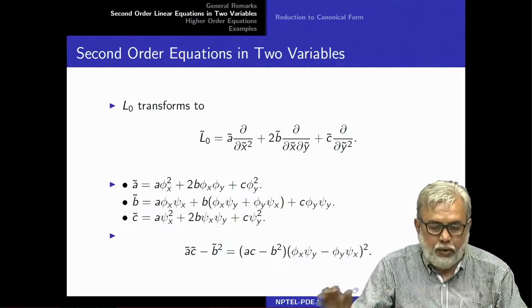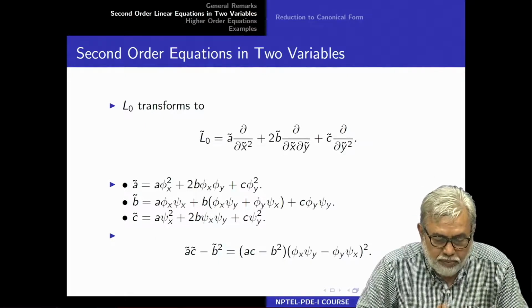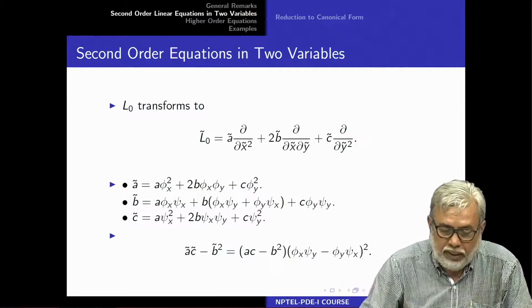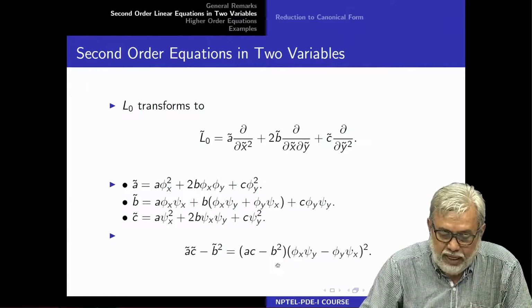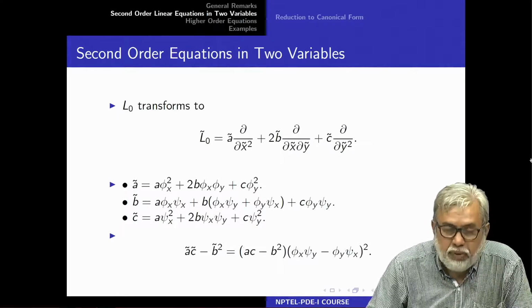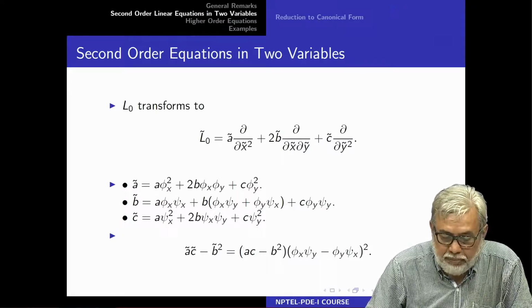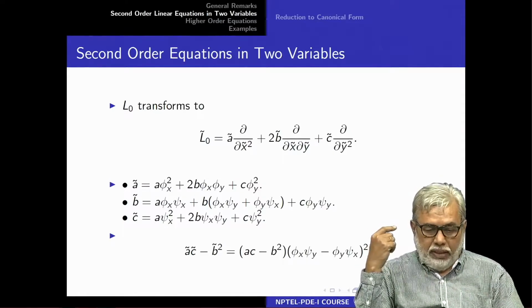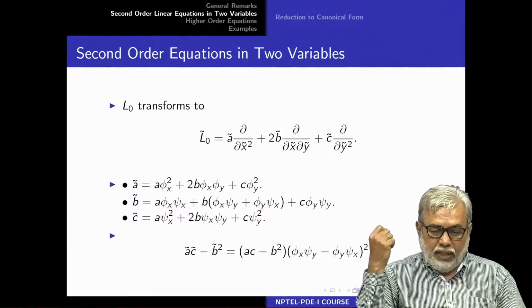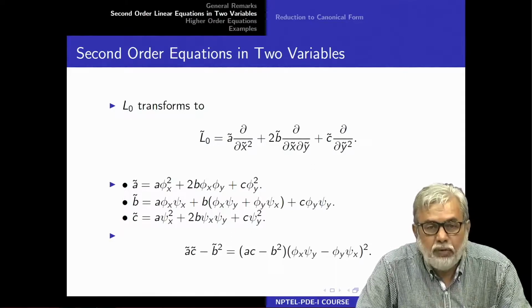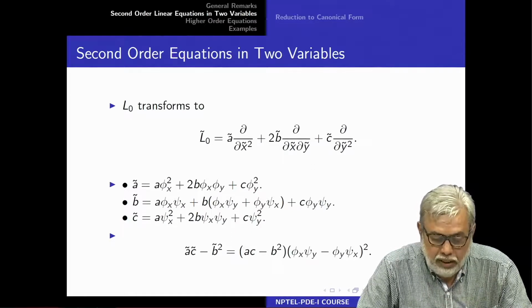So, I was telling the nature of the quadratic form, whether it is definite or indefinite, depends on only one quantity, namely the discriminant of the quadratic, AC minus B square. If AC minus B square is positive, then the quadratic form is definite, and if AC minus B square is negative, then the quadratic form is indefinite, and when AC minus B square is 0, it is semi definite, meaning it is always either greater than or equal to 0 or less than or equal to 0.